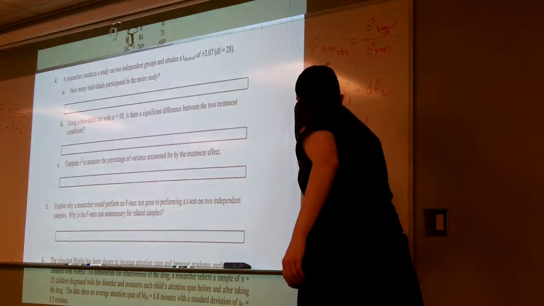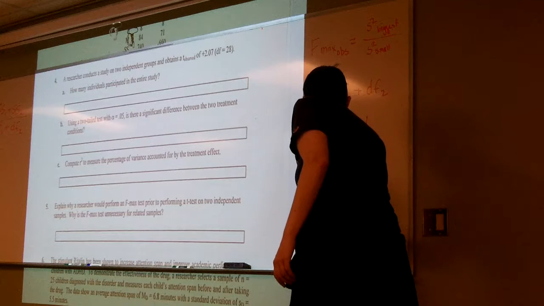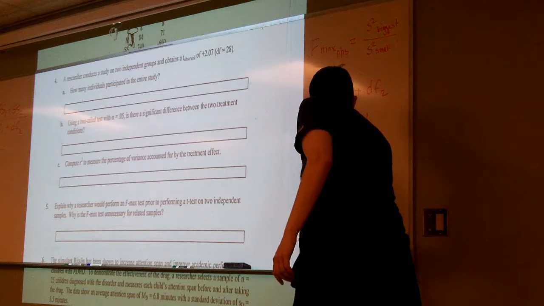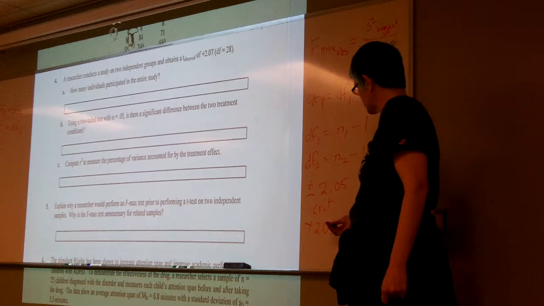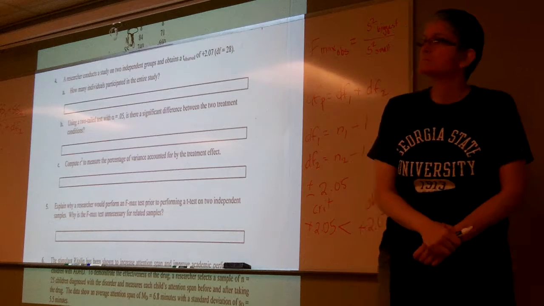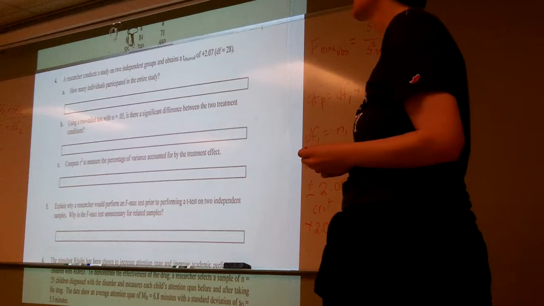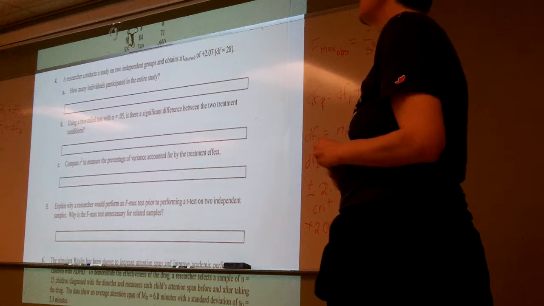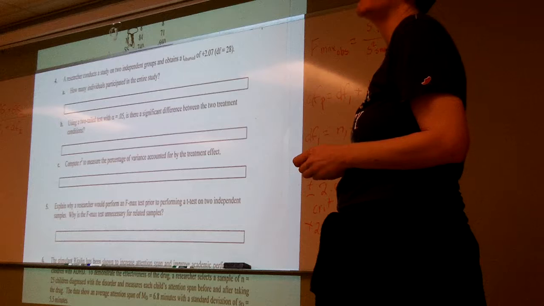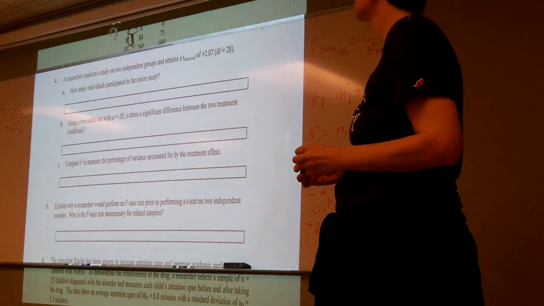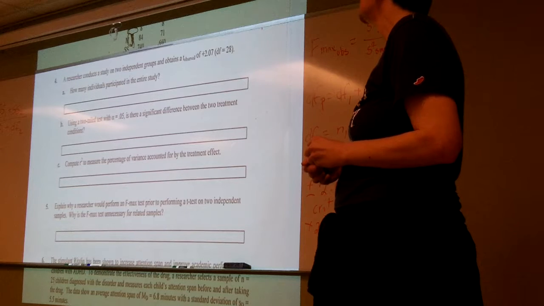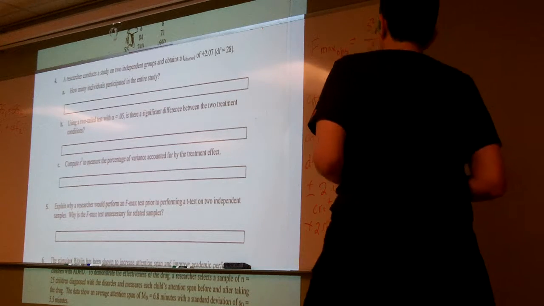2.05. Okay. So the one that matters down here is the positive one. So, is there a significant difference? Yes. There is. And it says compute R squared to measure the percentage of variance accounted for by the treatment effect.